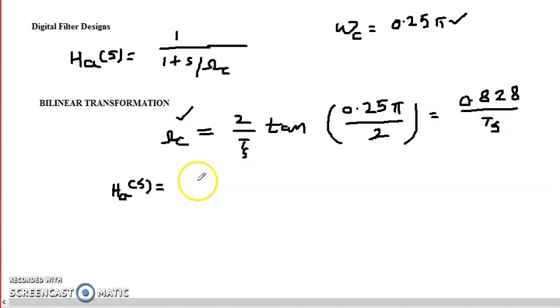Okay, so we can write it to be 1 by 1 plus S Ts upon 0.828. Okay, this will be the analog filter design.